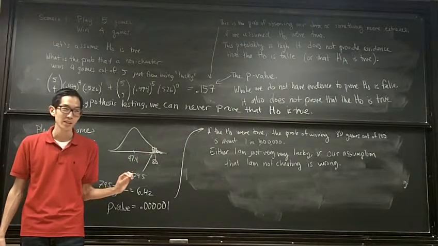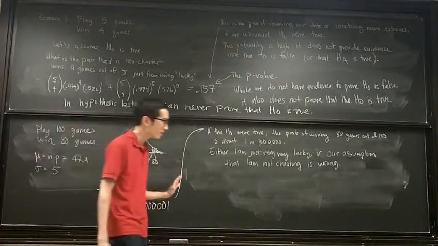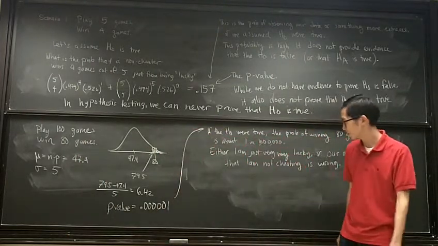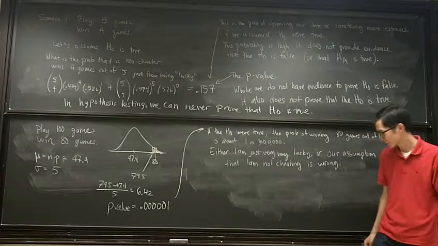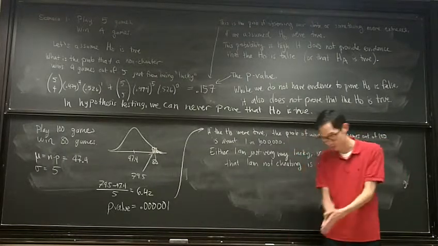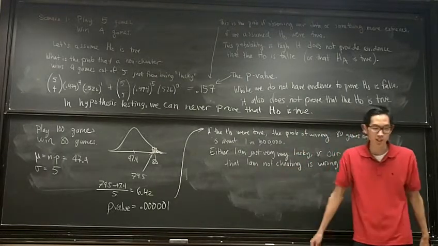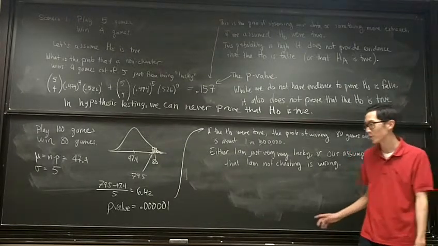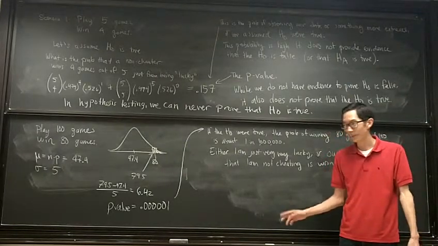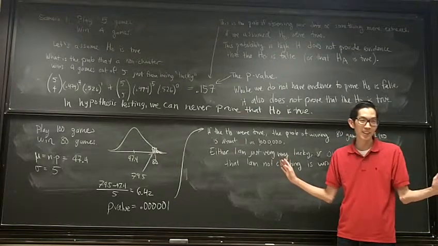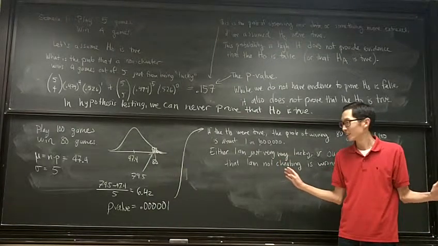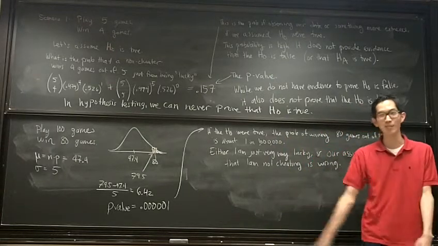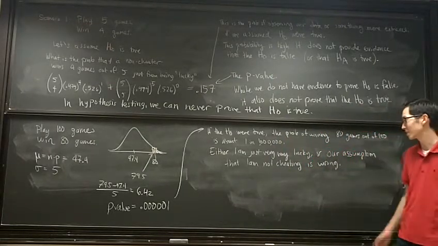In that scenario, maybe the casino breaks my legs because they say we've got strong evidence that you're cheating. It's possible that I was being honest and I just happened to be the one in a million to win this.